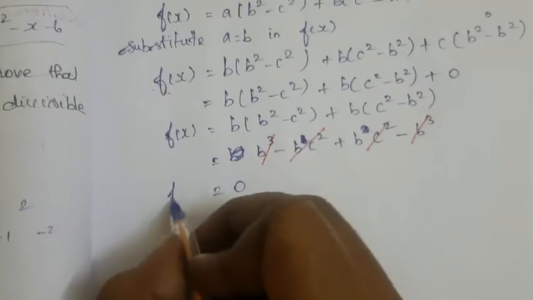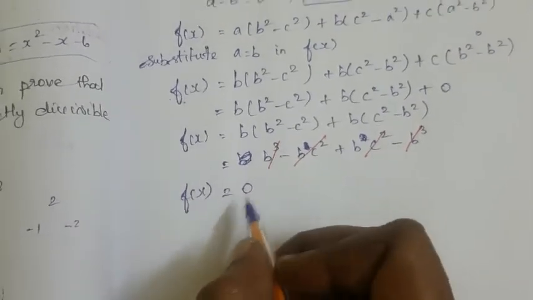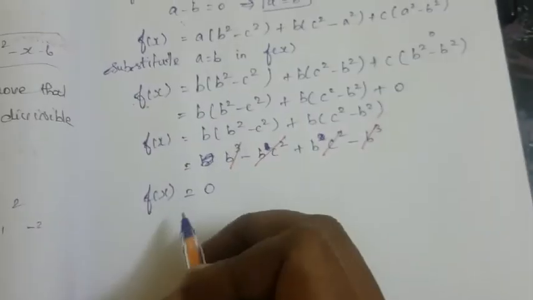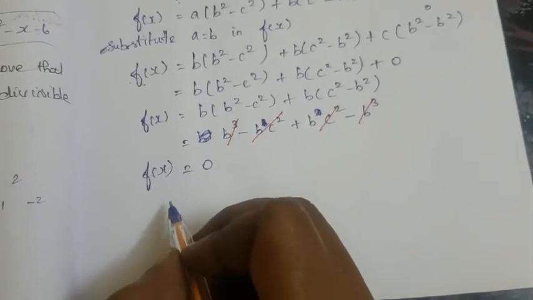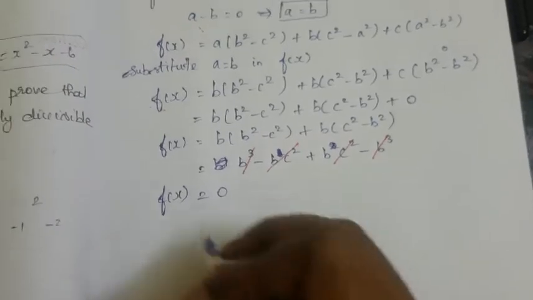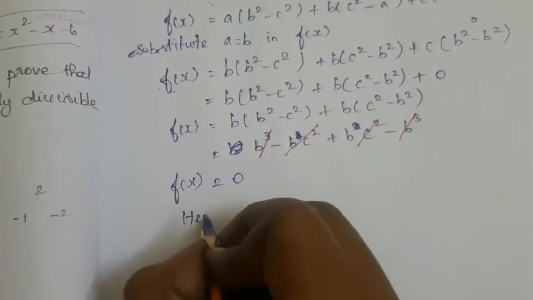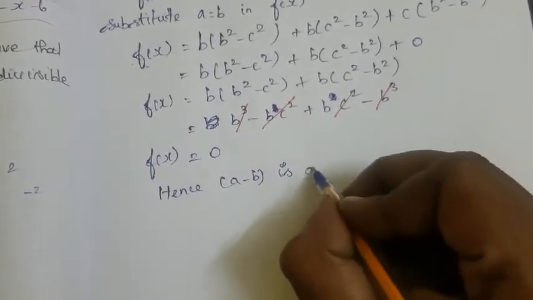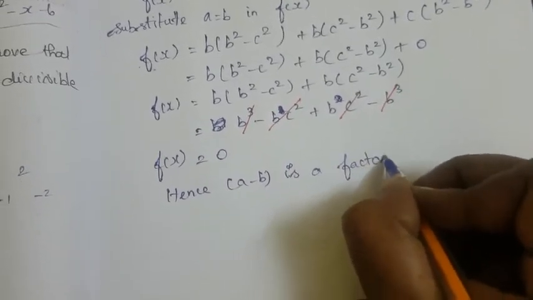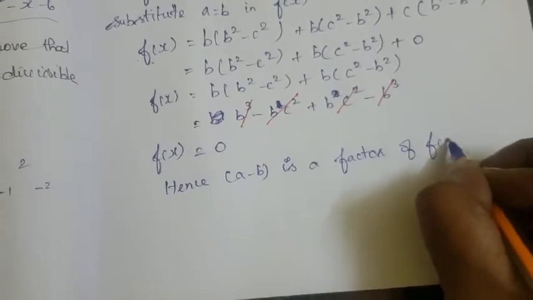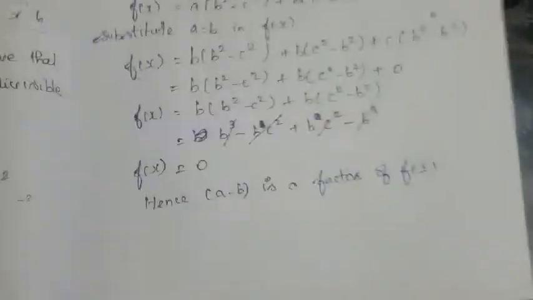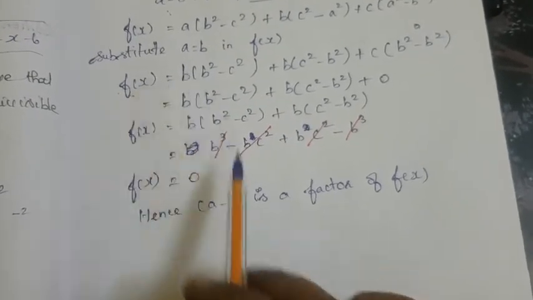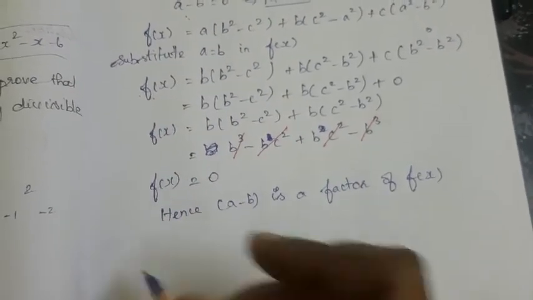So if f of x is equal to 0, then this will be the factor of the given polynomial, no? So this is 0 now. So what can we write? Hence a minus b is a factor of f of x. Here we got the value 0, so that's why a minus b is a factor of f of x.